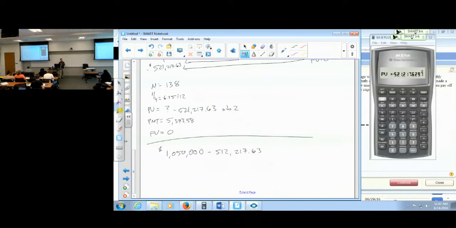Roughly, and on this final step, it's okay to go ahead and start rounding. I'm OCD on that, so I tend to not do it. Alright, so we get to pocket a grand total of $528,782.37 to use as a down payment on our next ridiculous house.